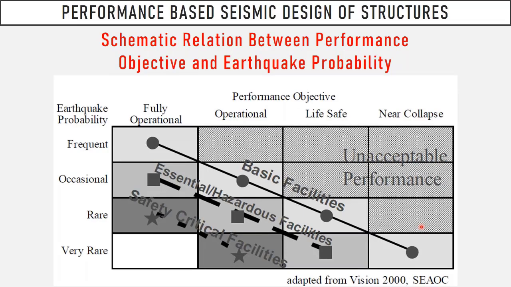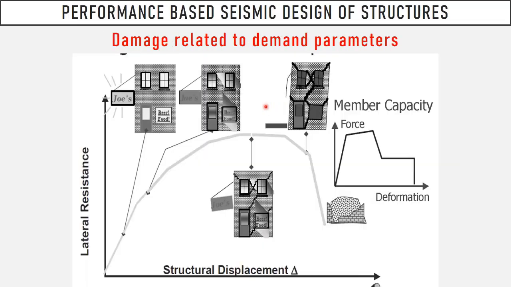And it's what we do, we basically relate performance with earthquake probability. What is the probability of the earthquake that we are expecting in that location, and what we are expecting from our building or facility. Okay, this is the very famous and basic one, but okay, how do you relate this demand with the damage?